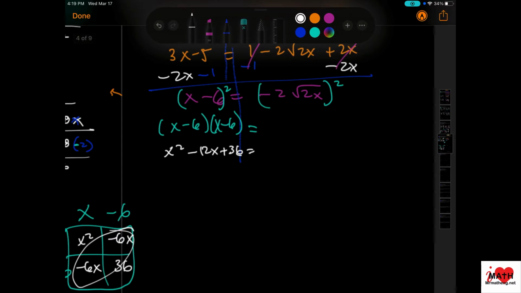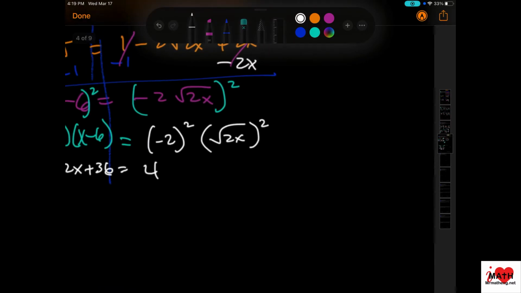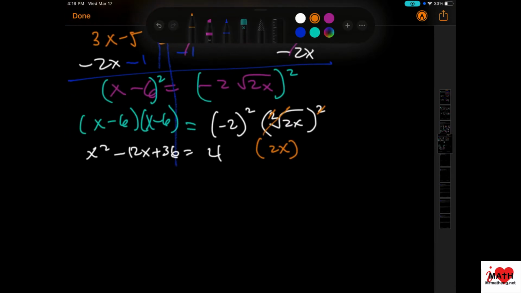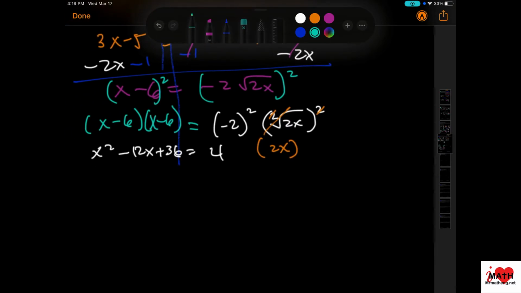Over here, this one is negative 2 squared and the radical 2x squared. Negative 2 squared is 4, and remember, these cancel. 2 and 2 and the radical sign, you're just left with 2x. So this would give me x squared minus 12x plus 36 equals 4 times 2, which is 8x.